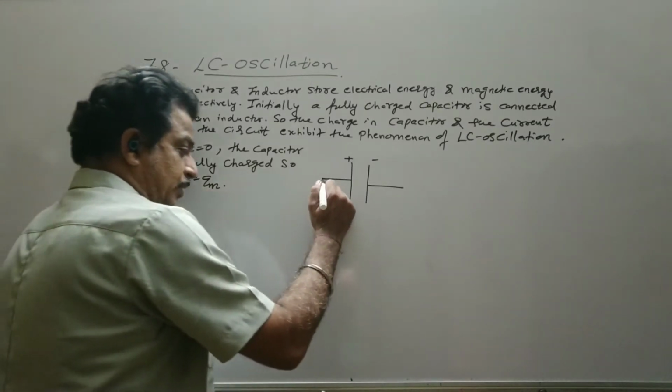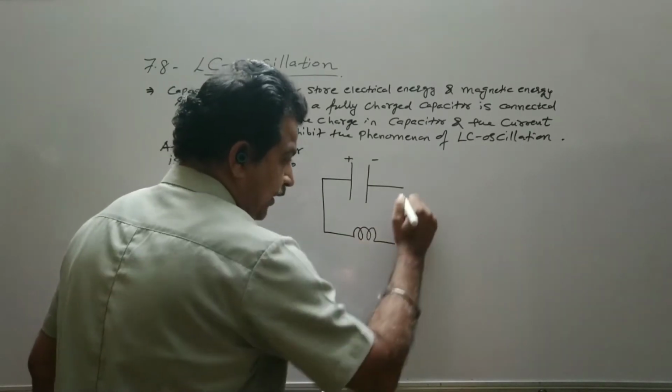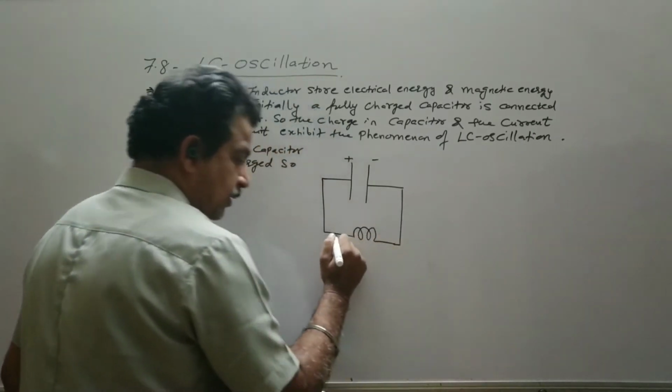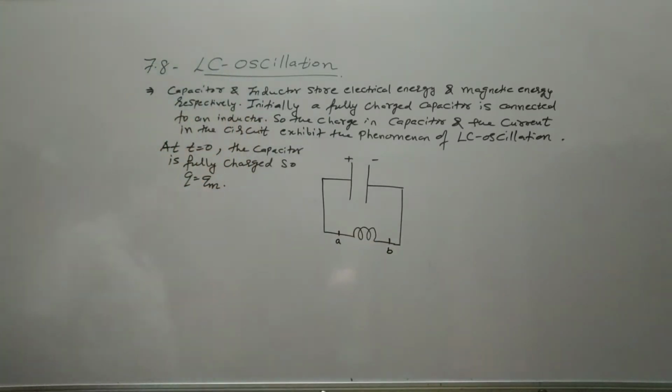Now this capacitor is connected to an inductor. So let us consider these points A and B across the inductor.